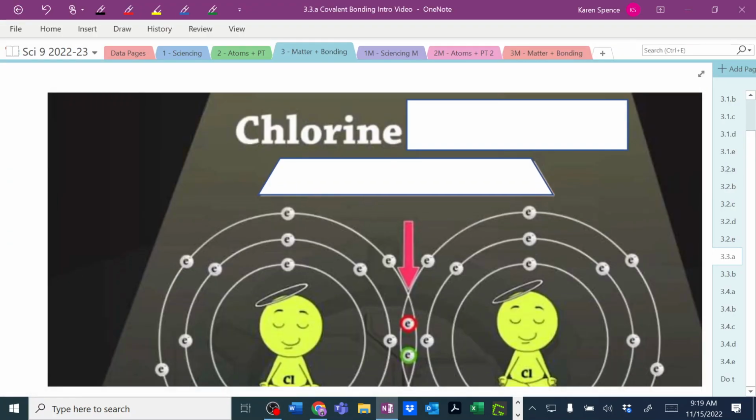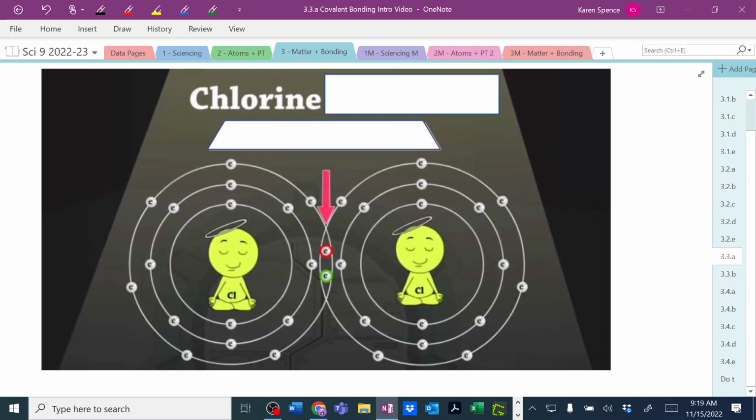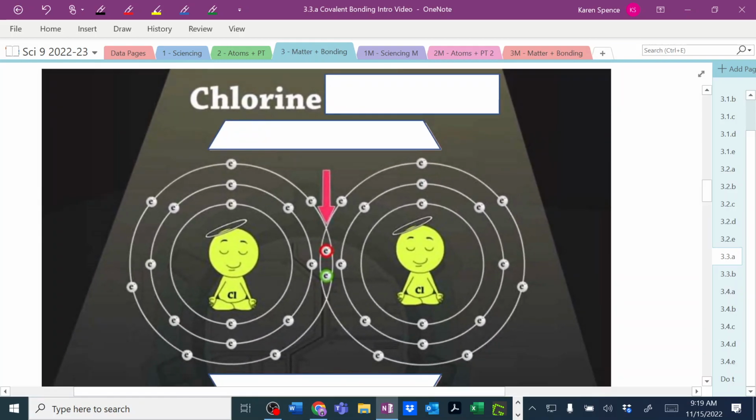Okay, so here we have two chlorine atoms joined together. What does that form? A chlorine molecule, yes.